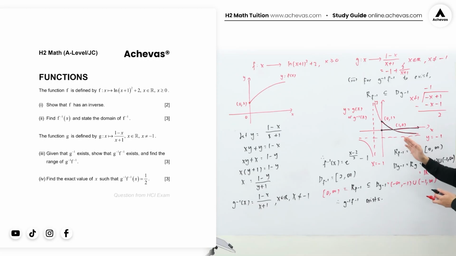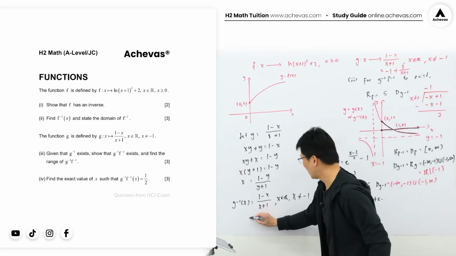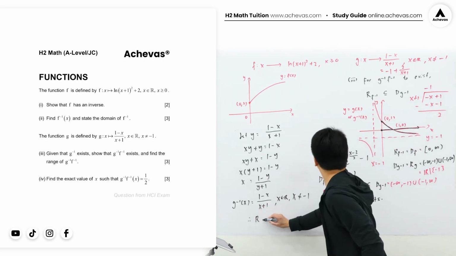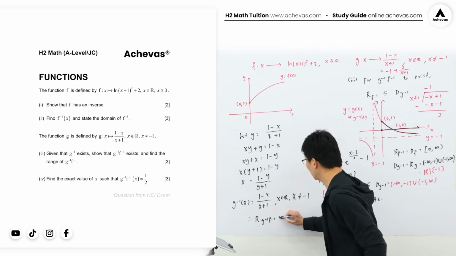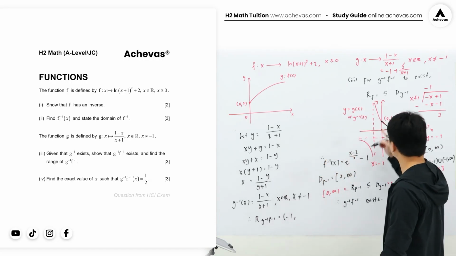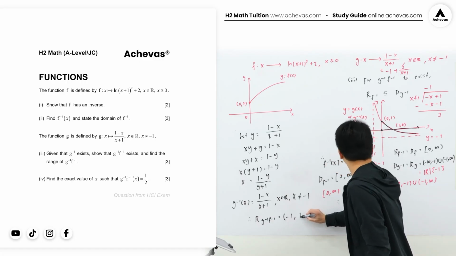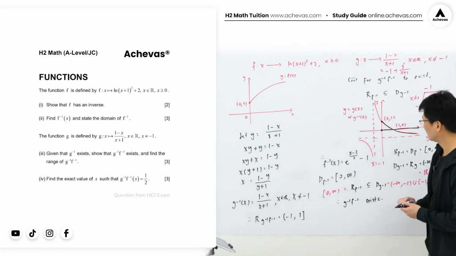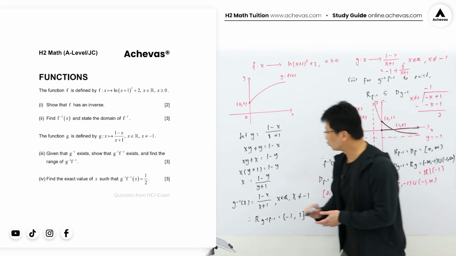And therefore, I can actually write down the range of my composite function already, which is just from this point all the way to this point. So therefore, my range of G inverse F inverse will just be from minus 1 exclusive all the way to 1, which is inclusive. So this will be the answer for my part 3 of this question.